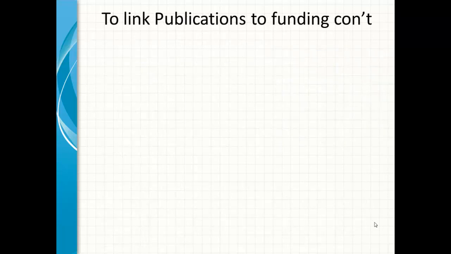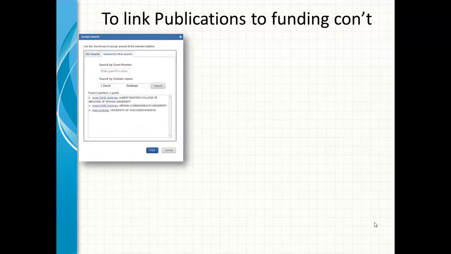For instance, if you wish to associate a publication with the Cancer Center Support Grant, first you would put I.David in the first name box and Goldman in the last name box. When you click Search, you would get these results.